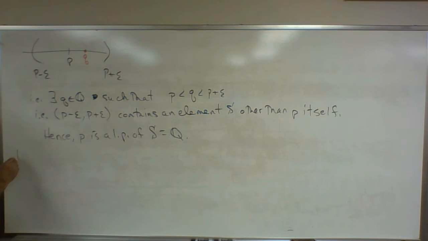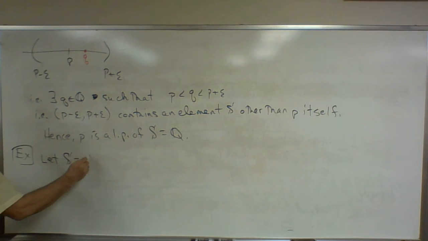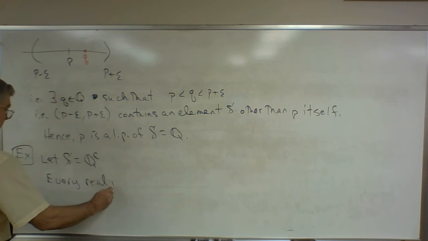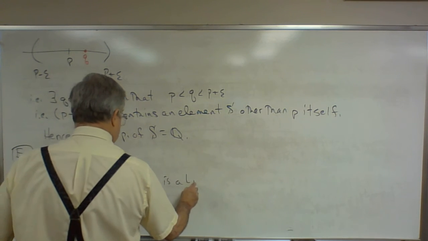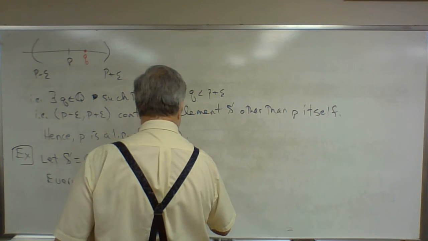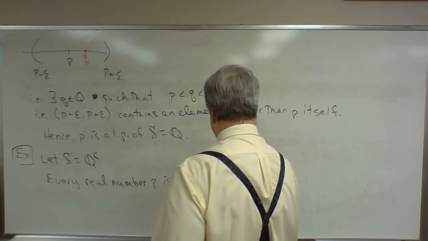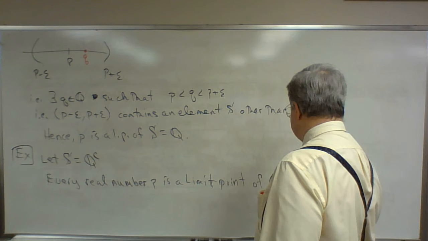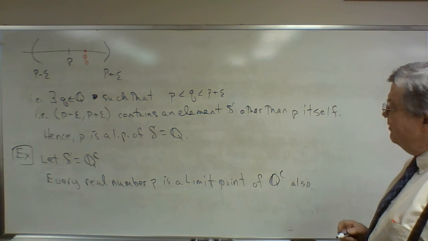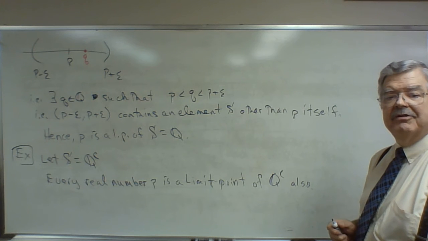And I'll make quick work of another example. Let S be the irrational numbers. Every real number is a limit point of the irrational numbers.